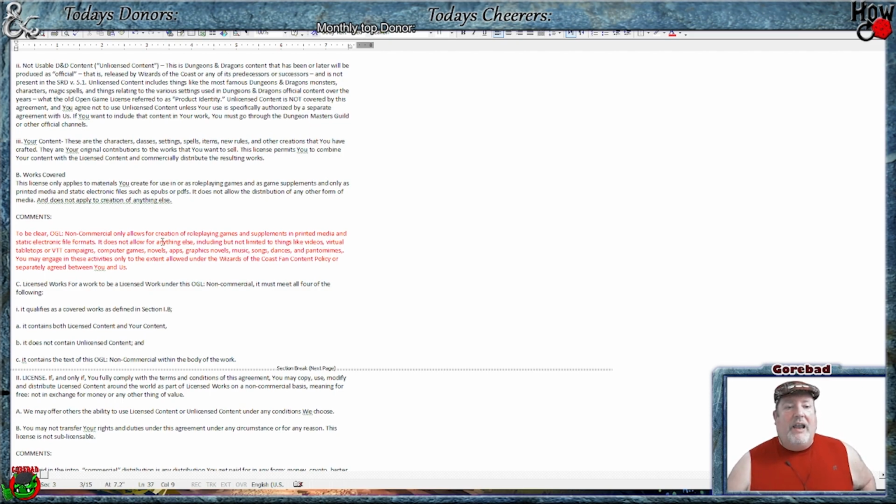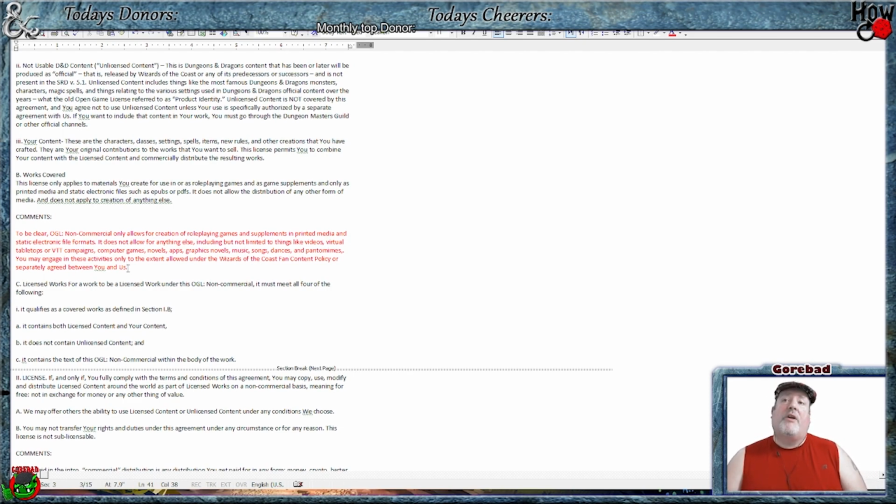It does not allow for anything else, including but not limited to things like videos, virtual tabletops, VTT campaigns, computer games, novels, apps, graphic novels, music, songs, dance, pantomimes. You may engage in these activities only to the extent allowed under the Wizards of the Coast fan content policy, or a separate agreement between you and us.